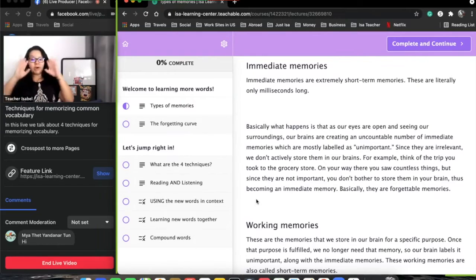So even though our eyes see it, it's in the moment we see it and then it's gone because it's not important. It's irrelevant to our purpose, which is going to the grocery store. Those are the immediate memories. Basically, these are forgettable memories because we can forget them, right?